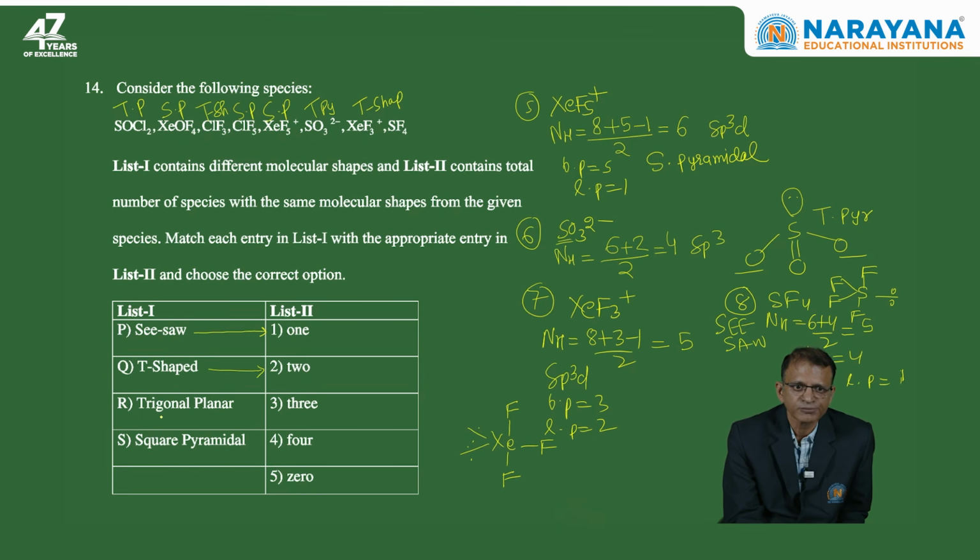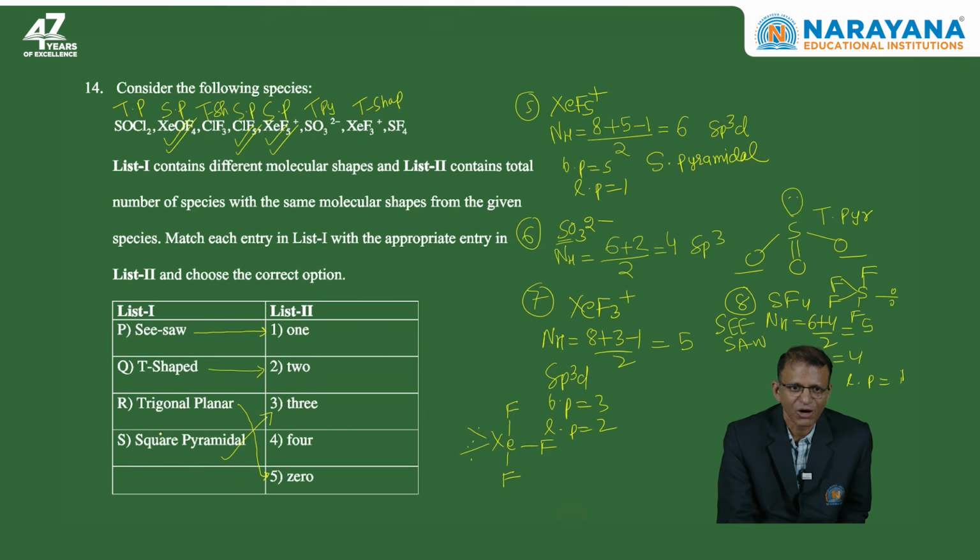Then trigonal planar: if we see, there are no trigonal planar molecules, so there are 0 molecules having trigonal planar geometry. Square pyramidal we have calculated: this molecule is a square pyramidal, then this one is a square pyramidal, and then this molecule is a square pyramidal. So there are 3 molecules having a square pyramidal geometry.